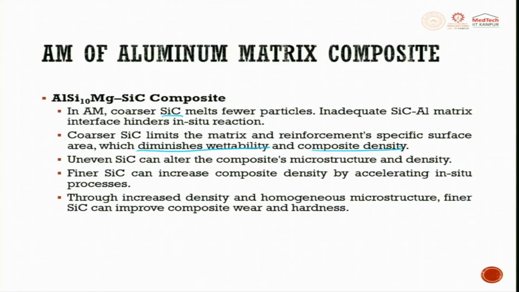Uneven SiC can alter the composite microstructure and density. Finer SiC can increase composite density by accelerating in situ processes. Through increased density and homogeneous microstructure, finer SiC can improve composite wear and hardness. So, density of what? Of the reinforcement.